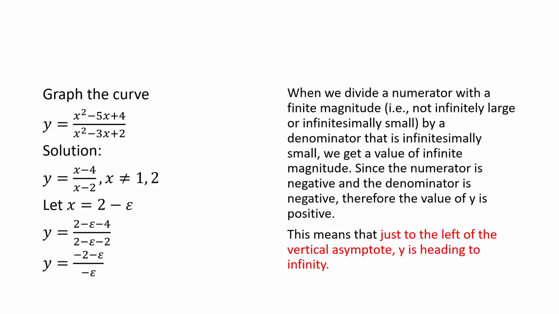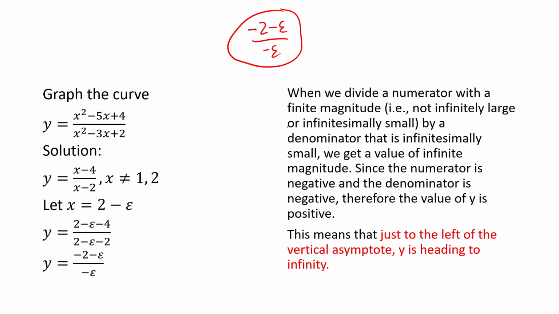So when we divide a numerator with finite magnitude, just to remind you, this is the division we're doing, by a denominator infinitesimally small, we get a value of infinite magnitude. Okay? Take, for instance, 1 divided by something extremely tiny is essentially huge.